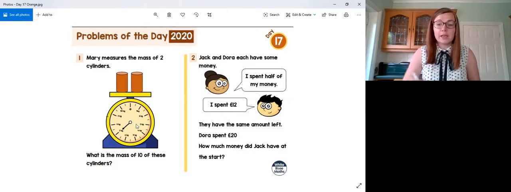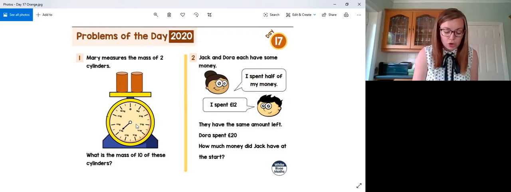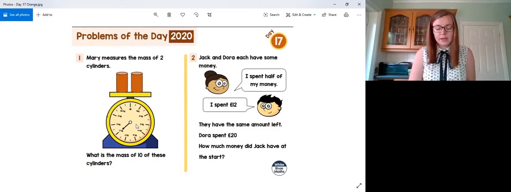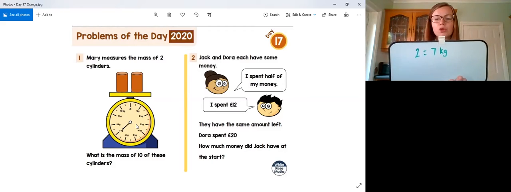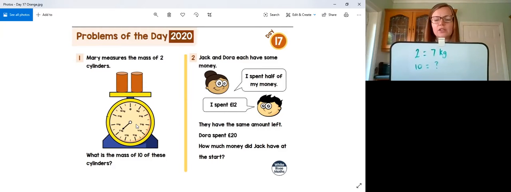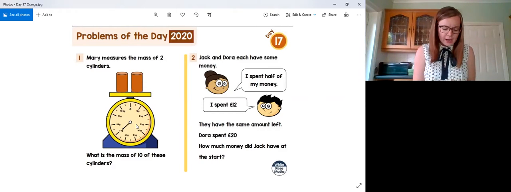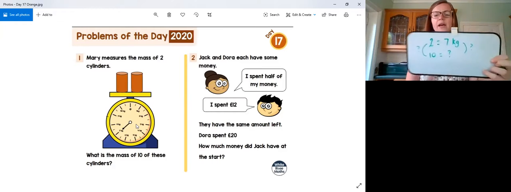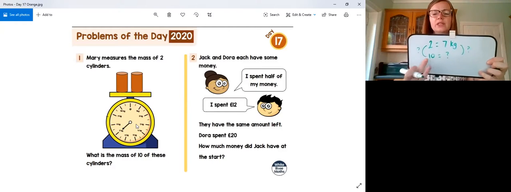So we can see from the diagram that 2 of the cylinders weigh 7 kilograms. So 2 cylinders weigh 7 kilograms. But we want the weight of 10 cylinders. So we have to think, how do we get from 2 to 10? How can I turn 2 into 10?